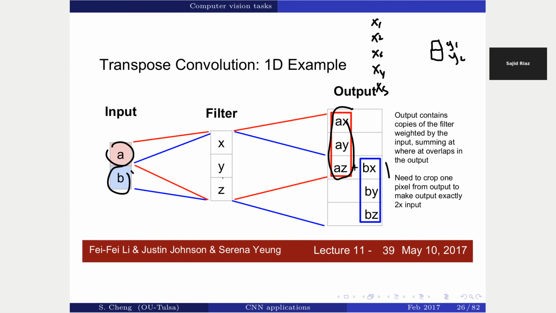Let's say the input is x1, x2, x3, and let me call the filter A, B, C. So this forward is like this multiplied by A, this multiplied by B, this multiplied by C, and added together to give this y1.